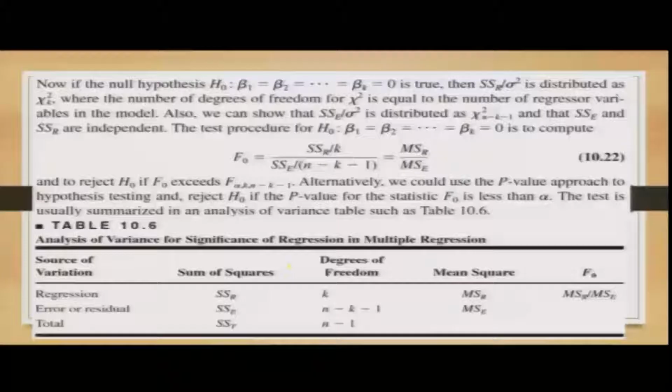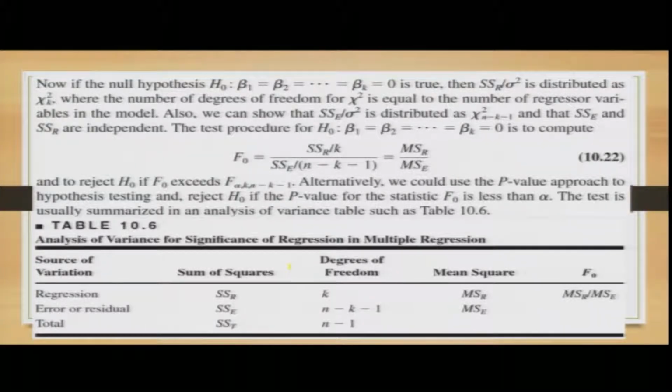The test procedure for H0 would be to find the F statistic, with the sum of the squares of the regression divided by k, where k is the degrees of freedom depending on the number of variables, divided by the sum of the squares of the errors divided by its degrees of freedom.